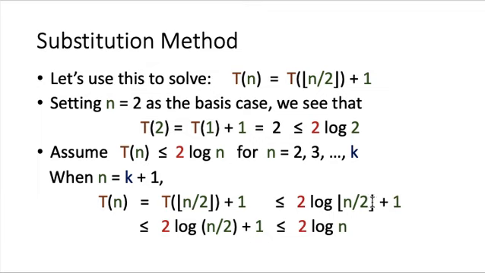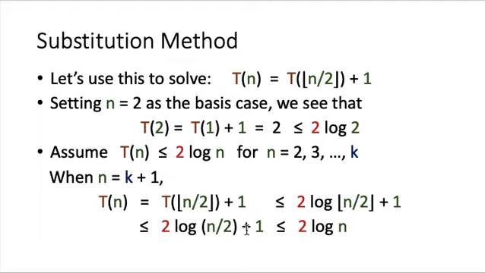Now this log of n over 2 floor, in turn, is less than or equal to log of n over 2 without taking the floor. So we now get this one. And 2 times log of n over 2 is equal to 2 times log of n minus 2 times log of 2. So this first term, 2 log n over 2, will now become 2 log n minus 2.